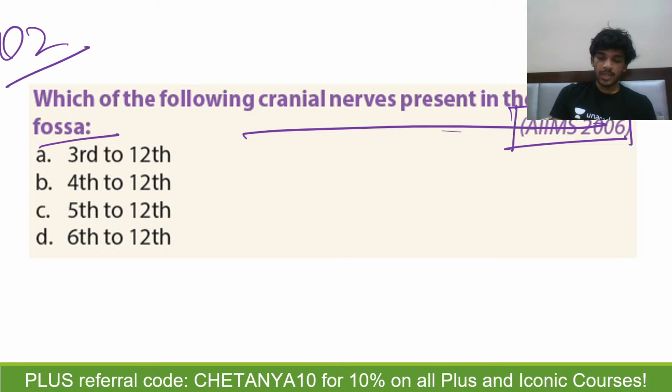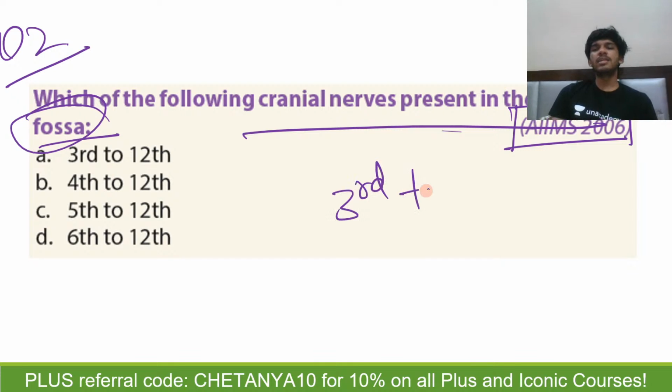Okay, so I'll explain it to you anyway. Nerves present in the posterior cranial fossa are the 3rd to 12th. Why? Because these are the ones which arise from your brain stem.